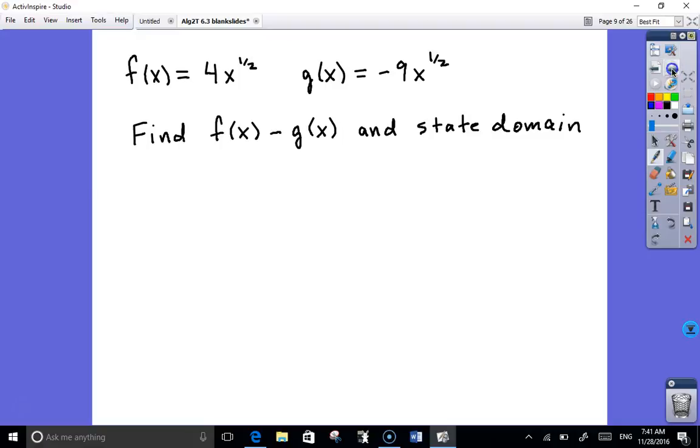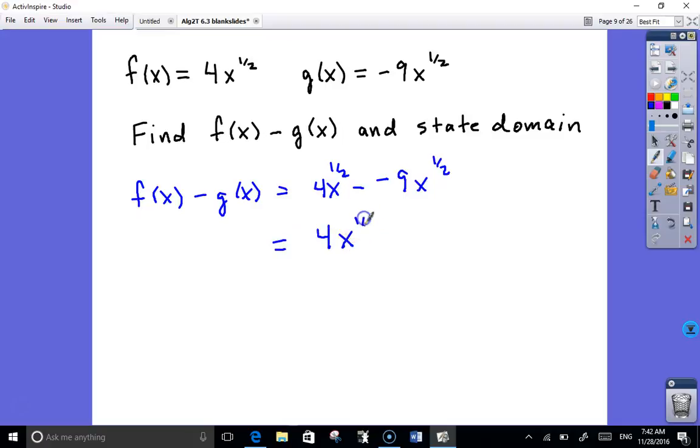Okay. I'm going to skip ahead here. So here's our subtract, and the subtract is not going to be too much more interesting than the add. f of x minus g of x is 4x to the 1/2 minus negative 9x to the 1/2, which is 4x to the 1/2 plus 9x to the 1/2, which is 13x to the 1/2.